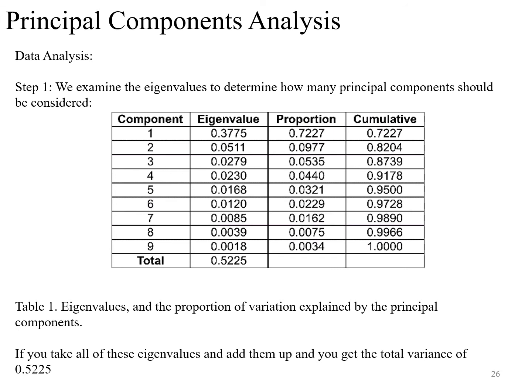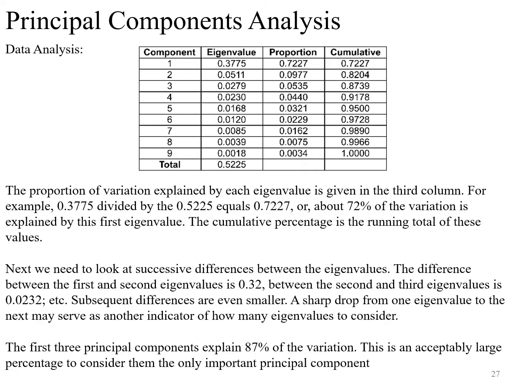And we need to make a decision about how many components we're actually going to include. We look at both the absolute proportion and the cumulative proportion when we do this.